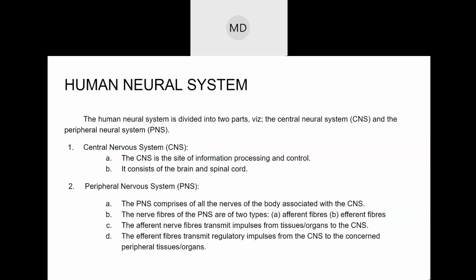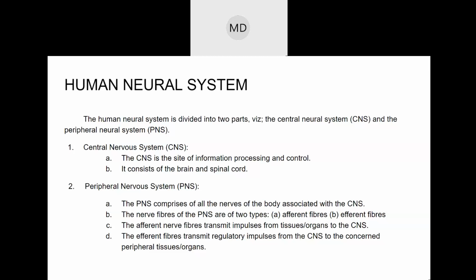Afferent fibers transmit signals from the various organs in the body to the central nervous system, that is the brain or the spinal cord. And the efferent fibers do the opposite: they send signals from the brain to the other tissues and organs.